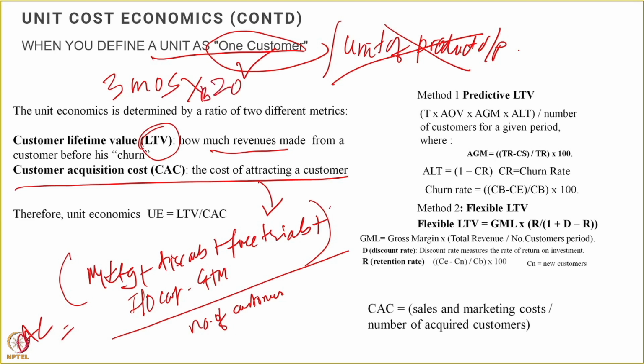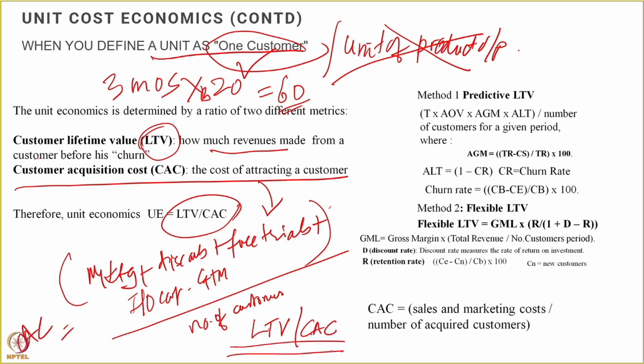This is in time units. So if he is going to be a customer with us for 3 months and then churns out, and every month he is worth 20 rupees of services that he buys from us, the lifetime value is 60 rupees.